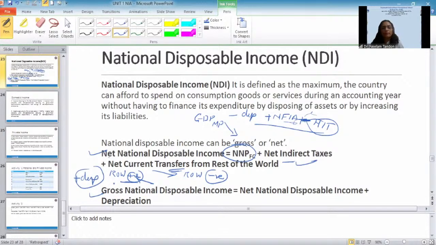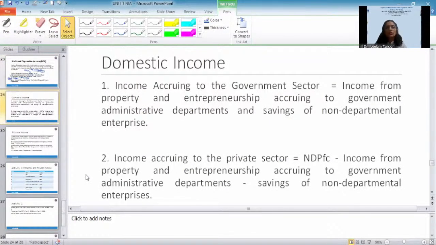Rest is same. Okay, so that's what we said initially about personal income of the household. What we're talking about now is national disposable income. So domestic income of a country has two core components. First, income accruing to the government.